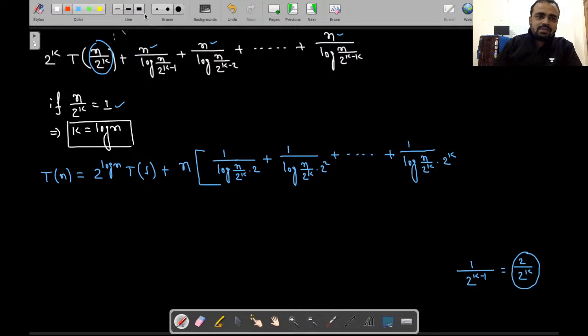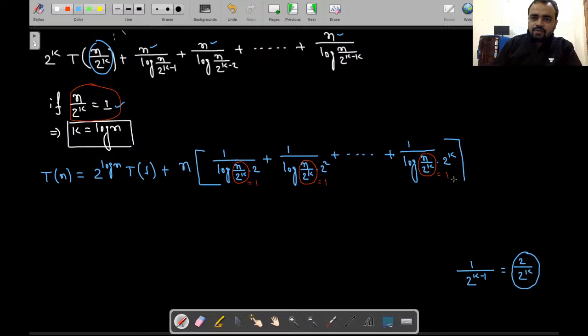So my dear friends, what we have assumed n by 2 to the power k is equal to 1. So everywhere where the n by 2 to the power k is appearing, we can make it 1. All the things we can make it as a 1, yes or no.